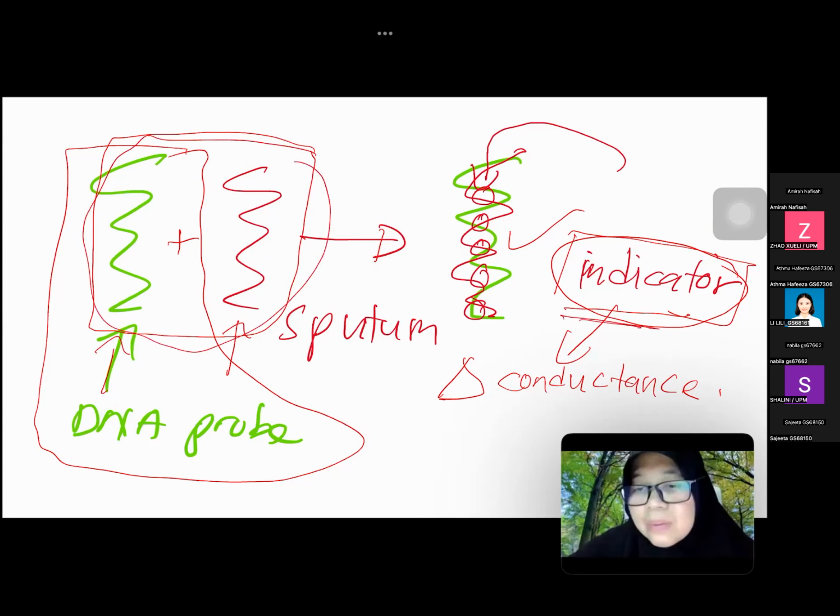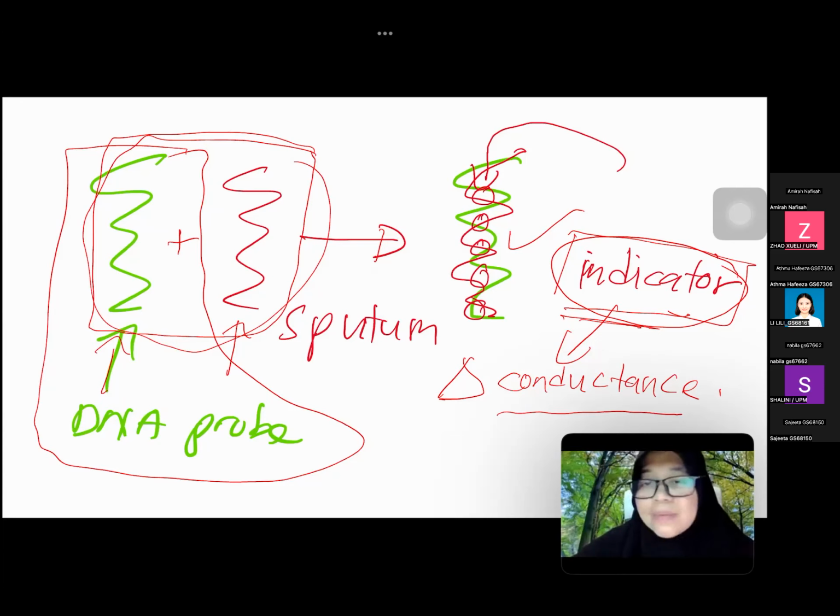This depends on the transducer technique, whether we are using optical or electrochemical. If it is optical, we might be using some indicator that has a color change, just like a pH indicator, for example. In this case, we are using conductometric, so the indicator is sensitive to conductivity. It is translated in the form of voltage, current.